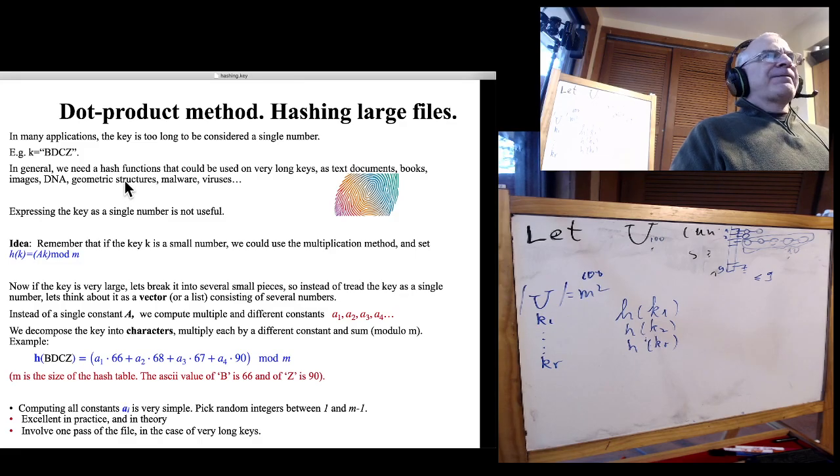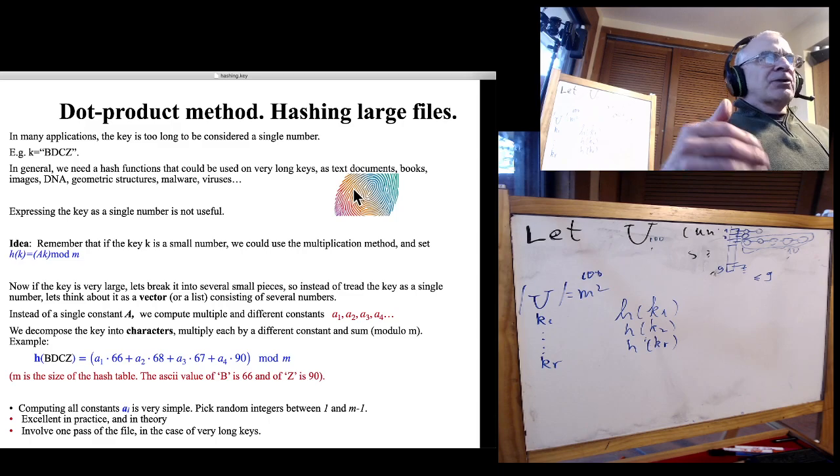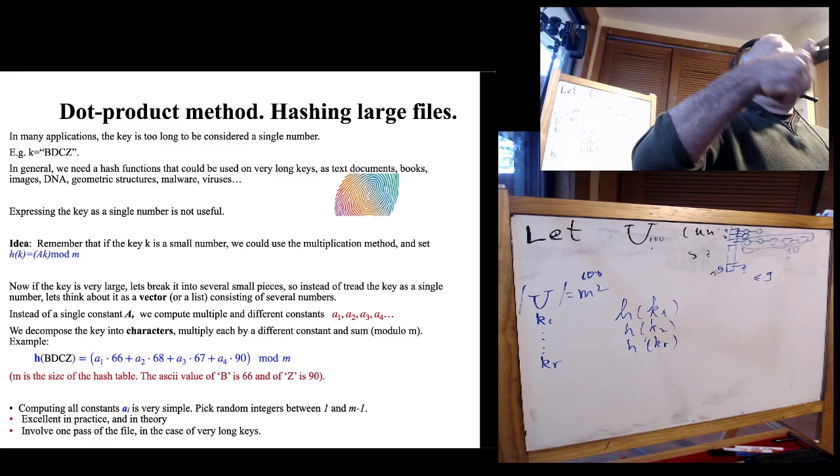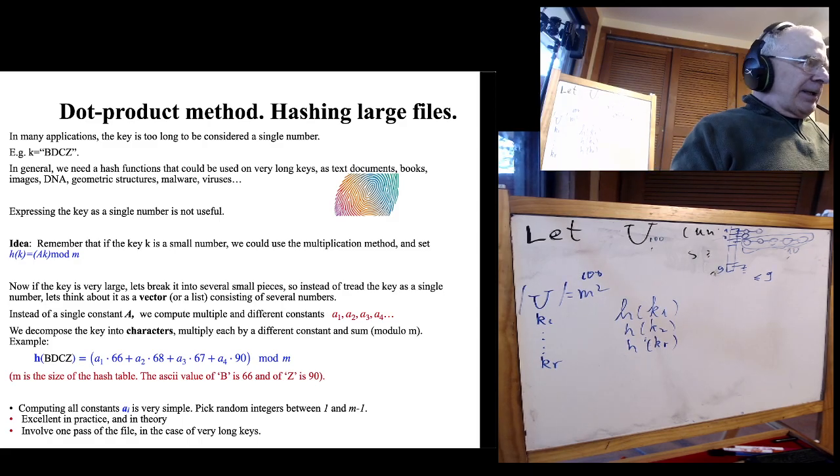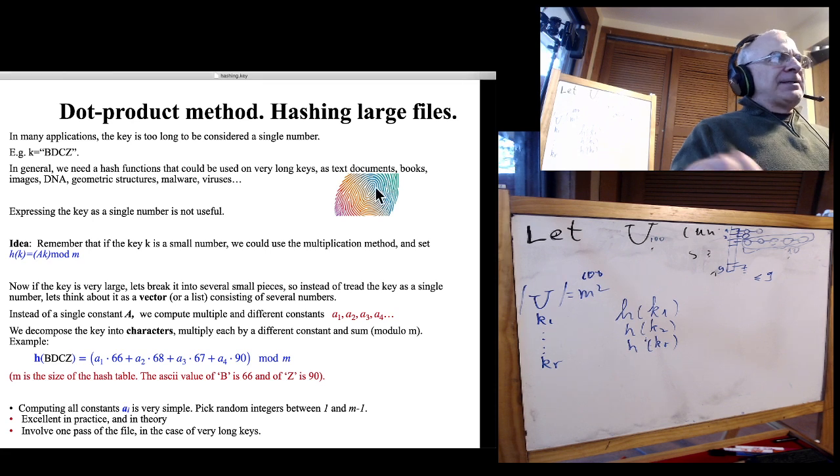To do face recognition for good or for bad, to store patterns of malware or viruses, etc. Fingerprints, all of these things could be hashed and should be hashed so that if I put my finger print, it will be easy to see if I'm in the database or not.